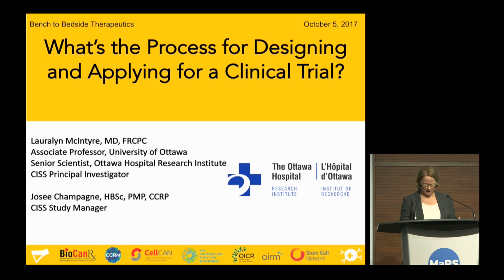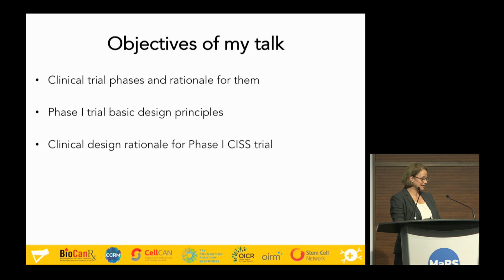So just to get started, I'll start off by very briefly discussing the different clinical trial phases and the rationale for them, to get us all up to speed on where most of you will be at translating something from the bench to the bedside. Then I'm going to drill down and focus on phase one, very basic trial design principles, because I think that's where the vast majority in the room will be at.